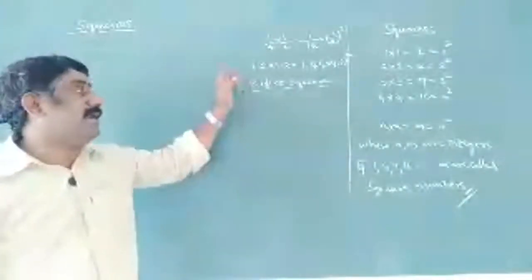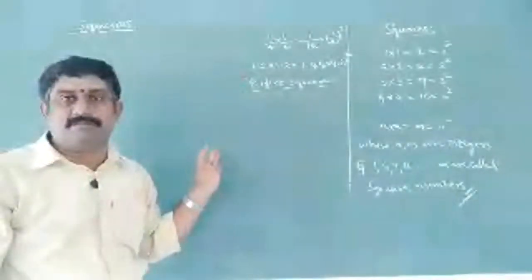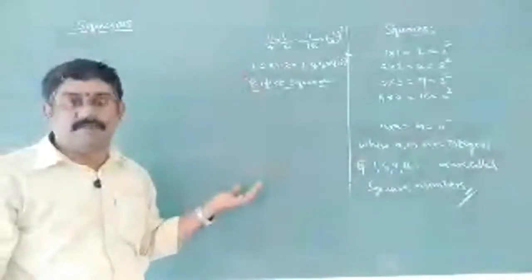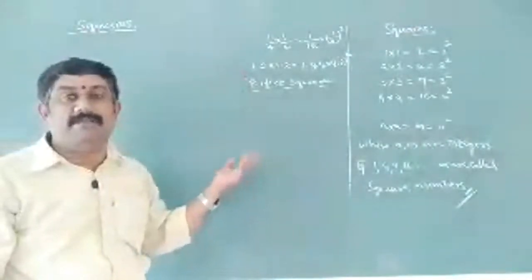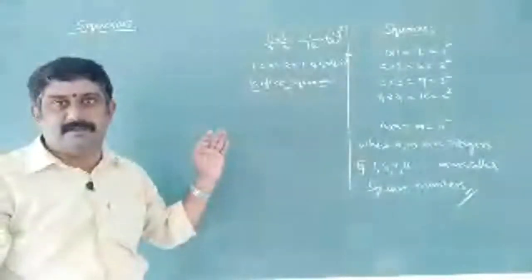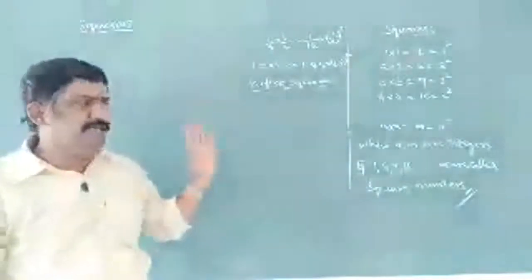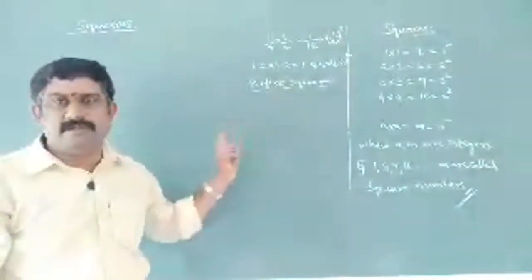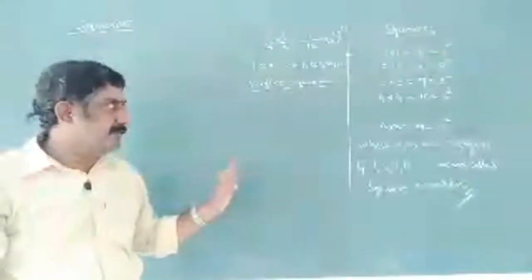Why are we calling these perfect squares? Because the numbers we are using here are rational numbers. So when a rational number is the product of a number by itself, and it should be a rational number, then we can say this is a perfect square. So simple logic: integers, square numbers; rational numbers, perfect squares. That's it. Okay.